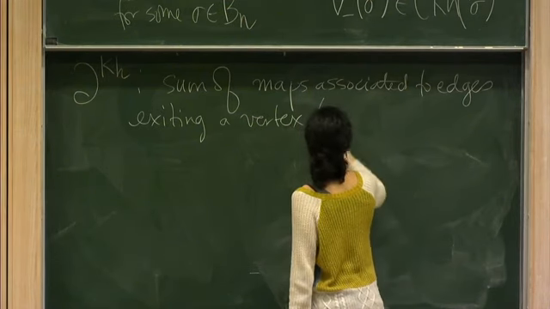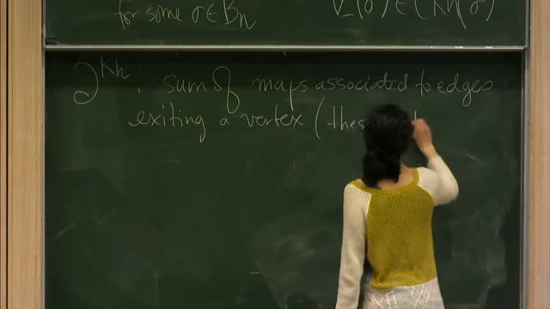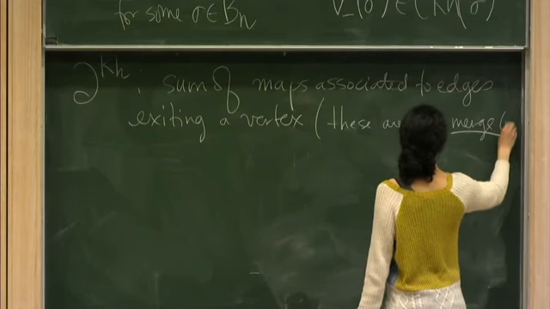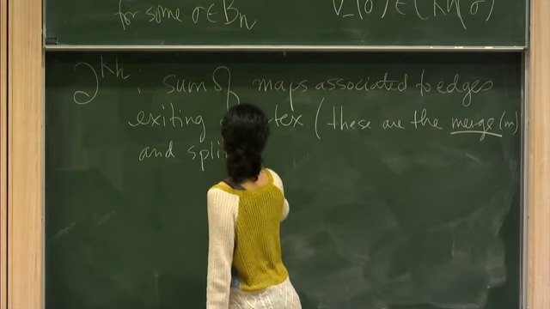These maps are called the merge M and split delta.